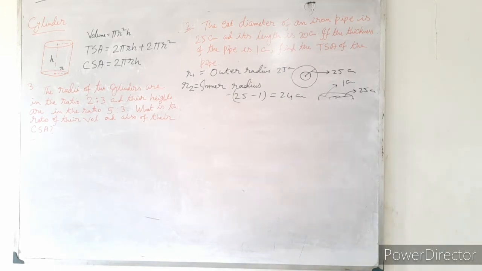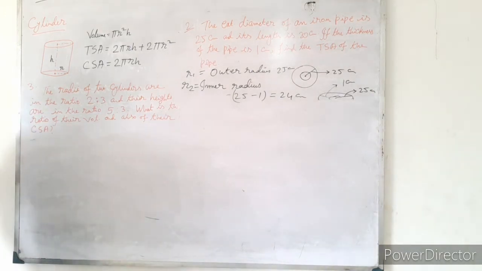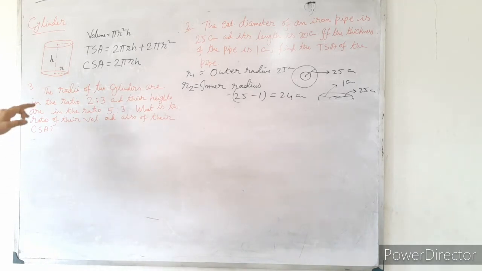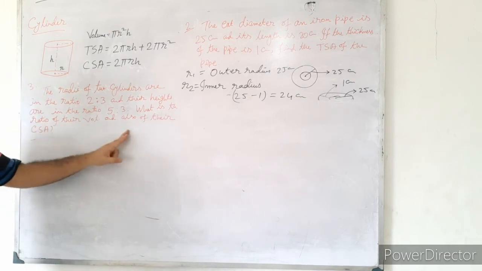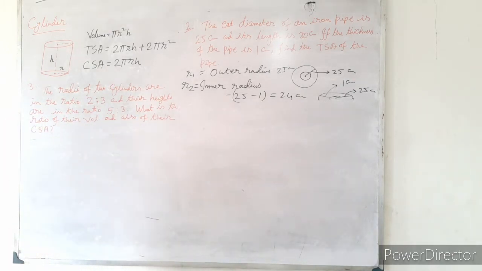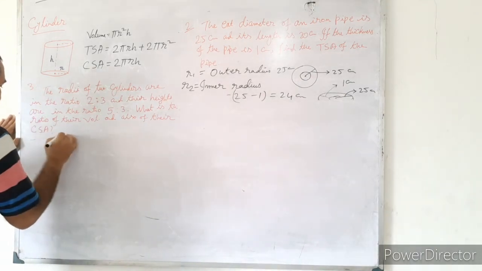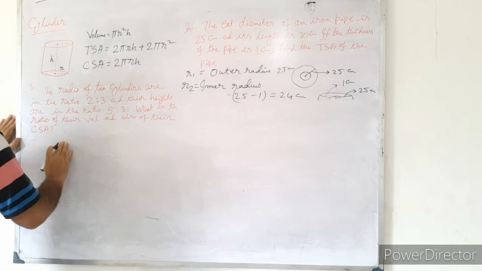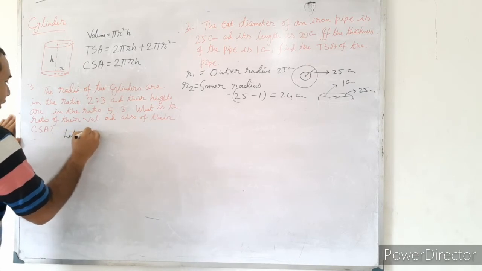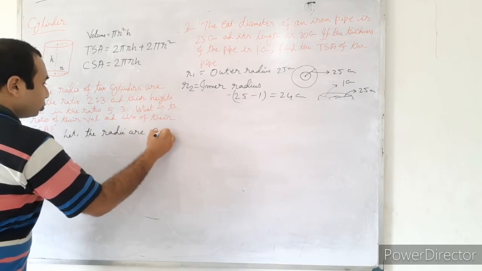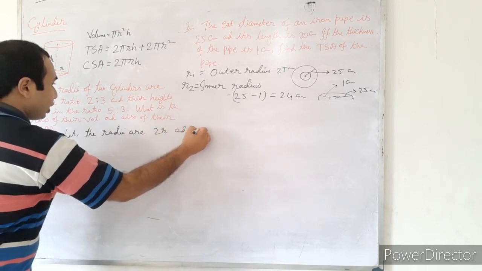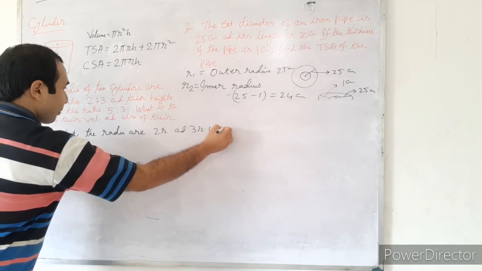So this is another example students, number 3. The radii of two cylinders are in the ratio 2:3 and their heights are in the ratio 5:3. What is the ratio of their volume and also of their curved surface area? So let the radii be 2r and 3r units.